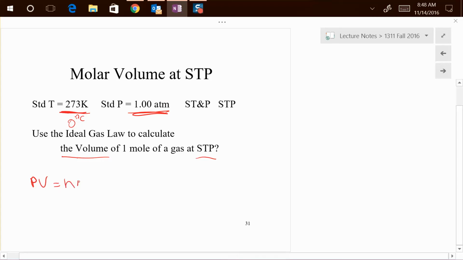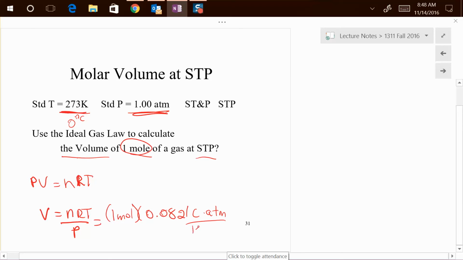PV equals nRT. I want to solve for volume, so V equals nRT over P. They said 1 mole of a gas, 1 mole, times 0.0821 liter atmospheres per Kelvin mole, times my temperature, which is 273 Kelvin because it's STP, standard temperature, and also using my standard pressure of 1 atmosphere.